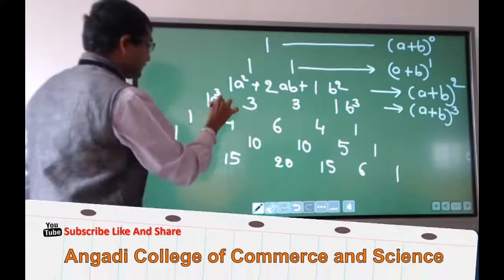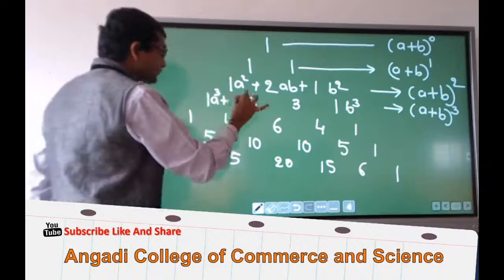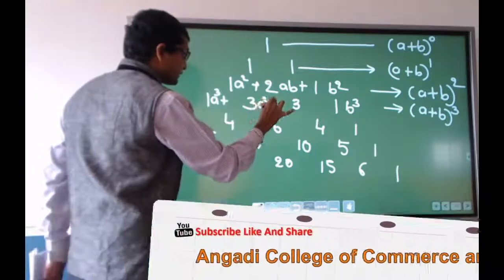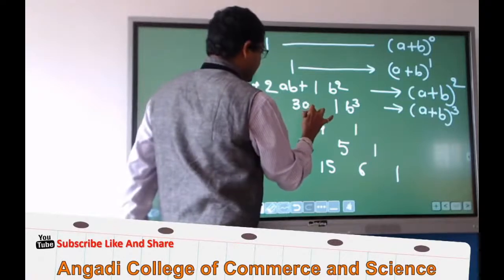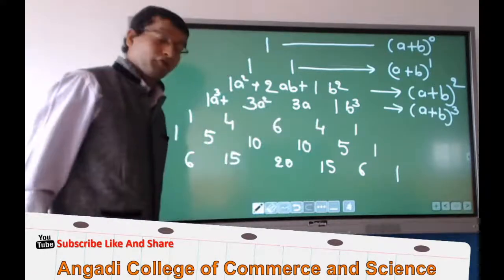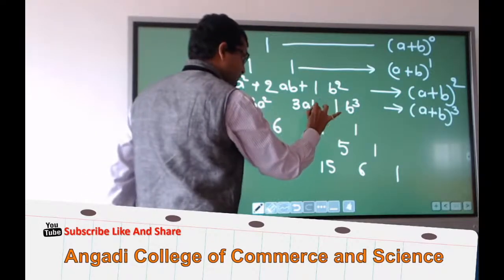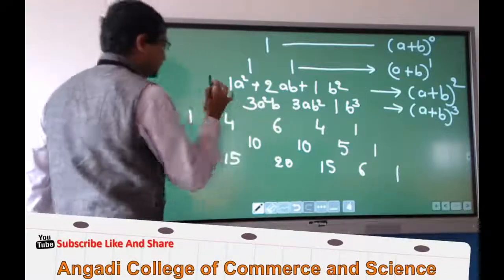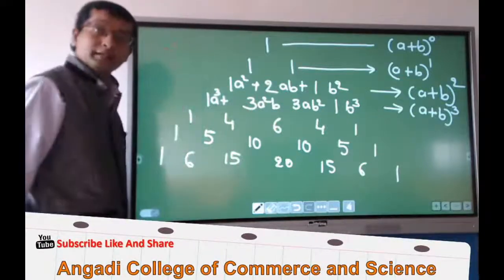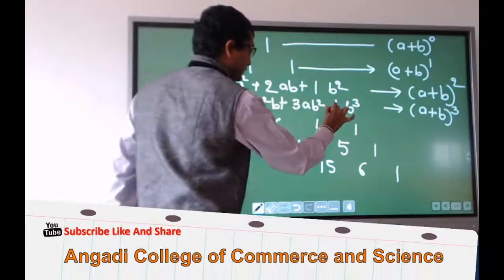So further I write a plus, decrease 1, a square, decrease one more, we get a. Further, here it is b cube, decrease it, it is b square, decrease b, and next we will get b raised to 0 as a 1 here. So in the middle you have to assign a plus sign over here.